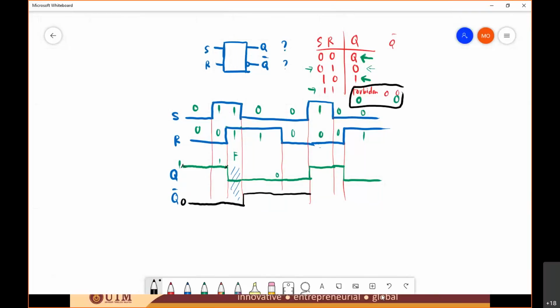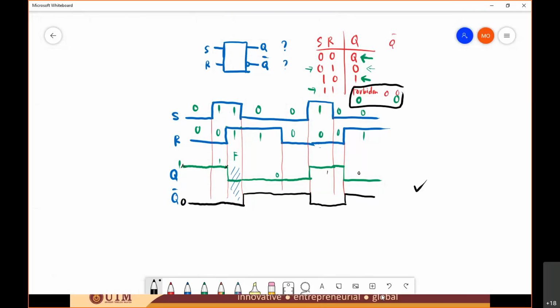Okay, so since this one is 1, so dia akan complement become kosong, and since this is a kosong, dia akan jadi 1. So this is the output of your SR latch based on this timing diagram of SR, based on this input of SR.